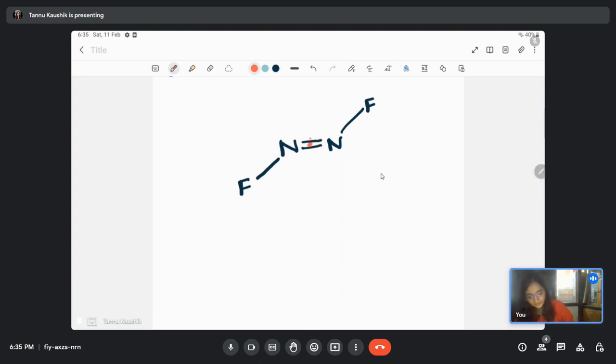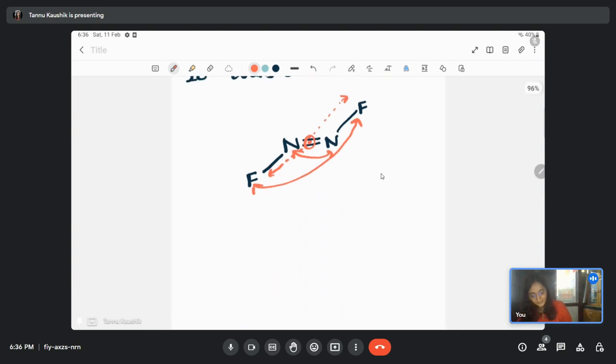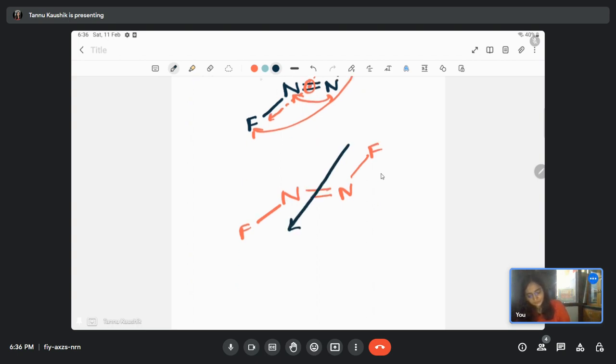Okay. So here we have an inversion center around which we can exchange the positions of these fluorine atoms and these two nitrogen atoms, and also we have a C2 axis of symmetry, which is perpendicular to the plane of the board.